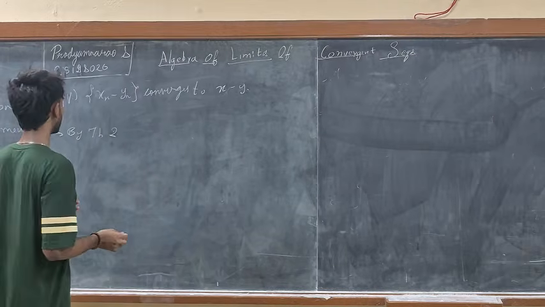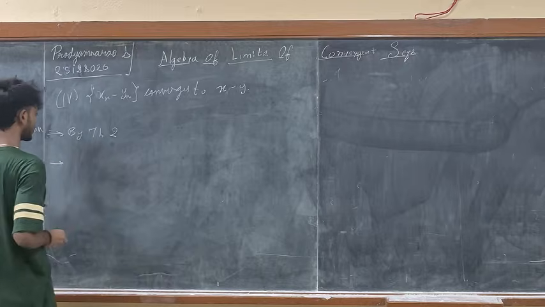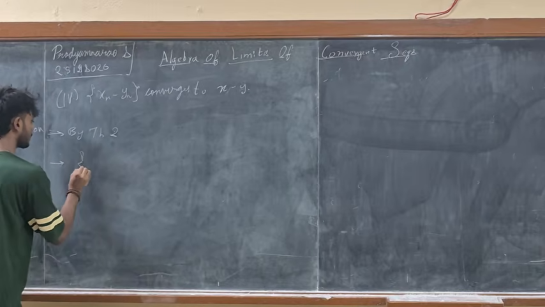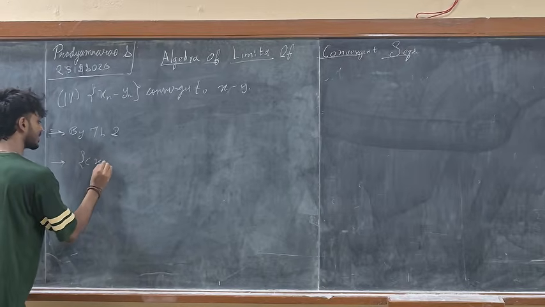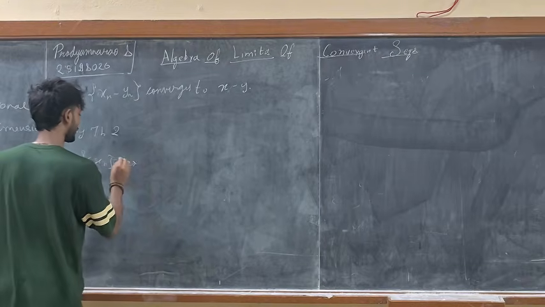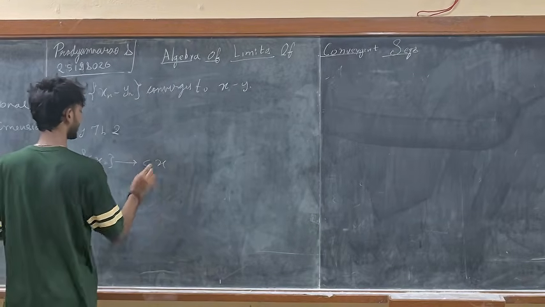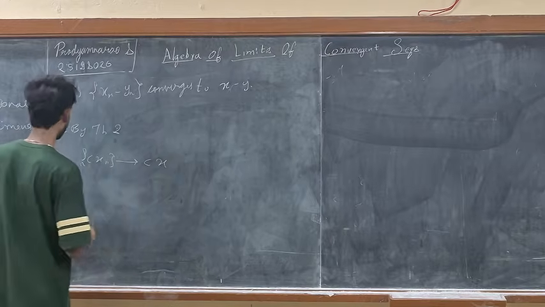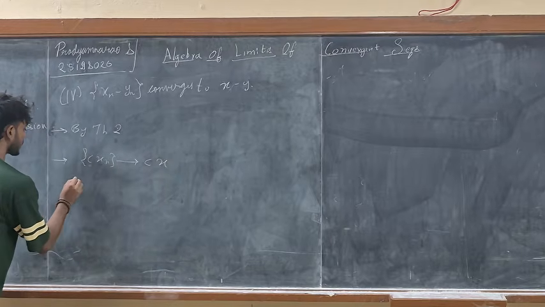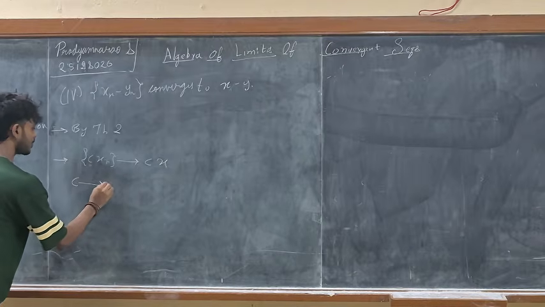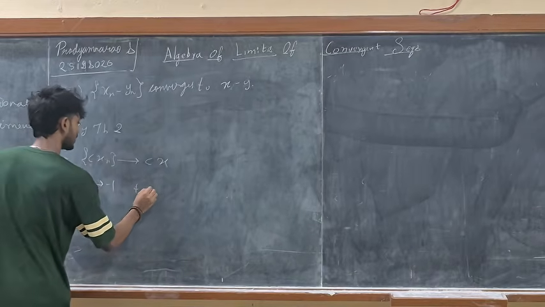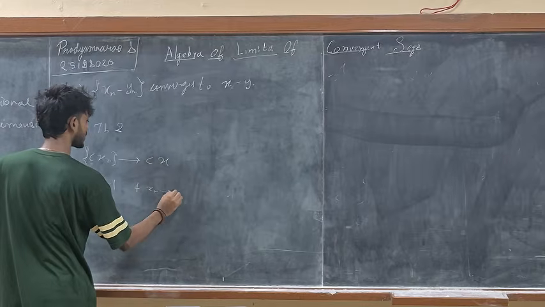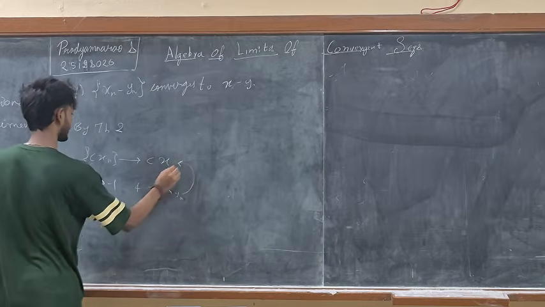Theorem 2 states that Cxn converges to Cx, where C is a constant and xn tends to x. So what we will be doing is, let's replace C as minus 1 and xn as yn in this equation.